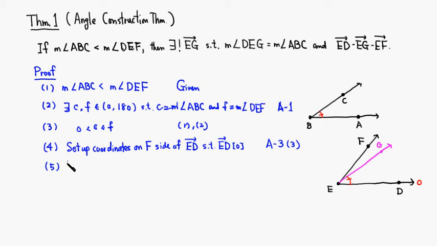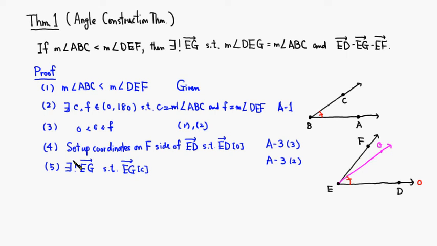So we know that there exists a unique ray EG such that EG is going to have the coordinate C. This is guaranteed by A3 part 2, because it says that for every coordinate between 0 and 180, we can find a unique ray having that coordinate.